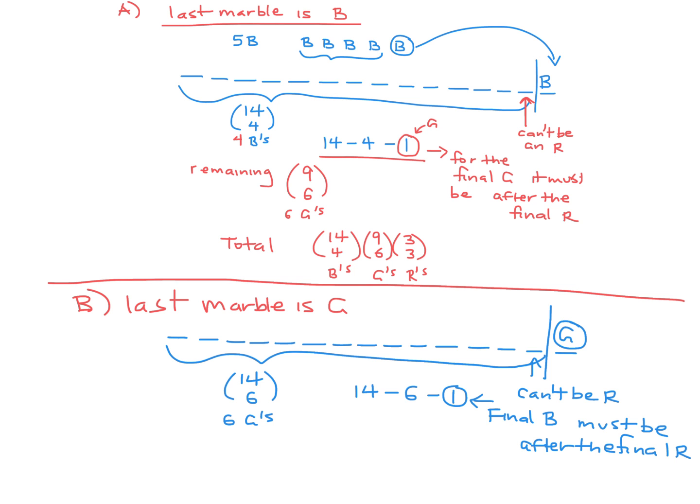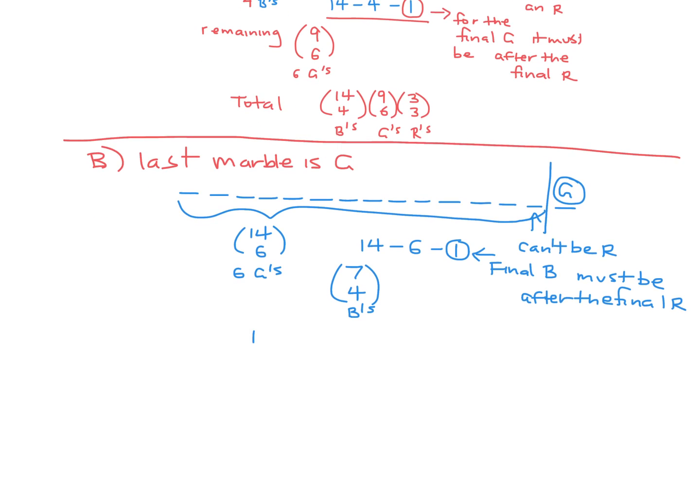So therefore you actually only have 14 minus 7, so 7 spots remaining. And from those 7 spots you've got to put in the B's, and there are 4 B's remaining because there are a total of 5. So that's for the B's. Therefore, if you combine it, it'll be 14 choose 6, 7 choose 4. And then the remaining 3 are for the R's. So this is for the R's, this is for the B's, and this is for the G's.